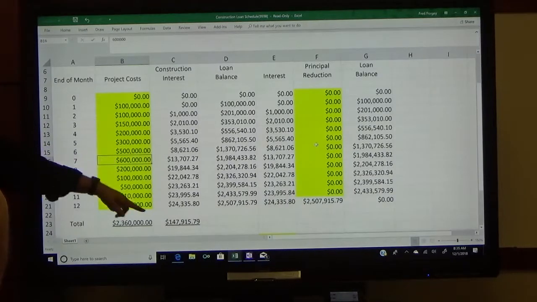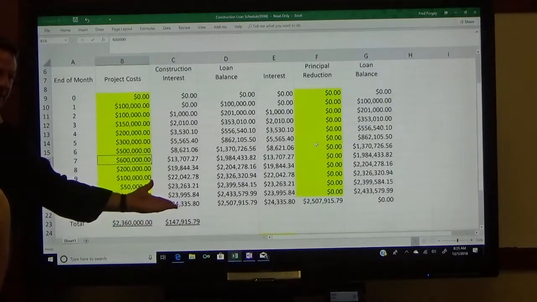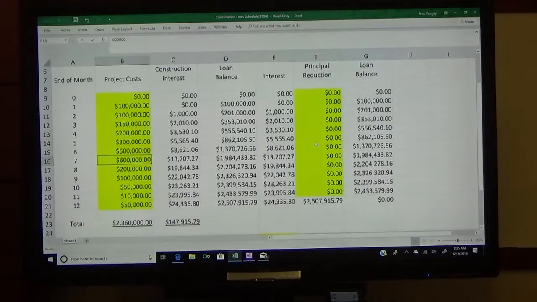Let's see how much impact it may have on our interest. It's probably not going to be huge, but it's going to be significant. All right, so it's 147 now. So we save about $5,000 of interest by shifting it just 30 days.